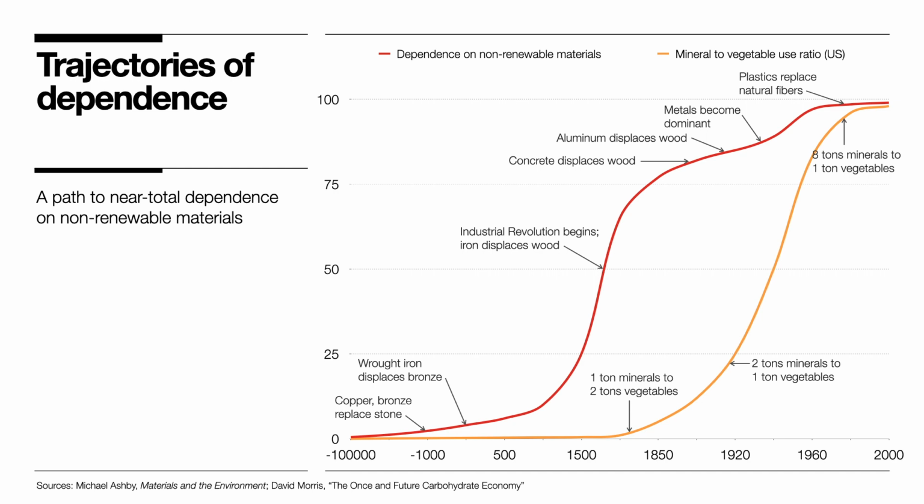And it's a similar trajectory in that, although the shape is different, the direction is the same in terms of the shift between what he calls minerals to vegetables, or really vice versa, from vegetables to minerals. All that is to say that until recent years, we as a human society have become almost exclusively reliant upon non-renewable resources.